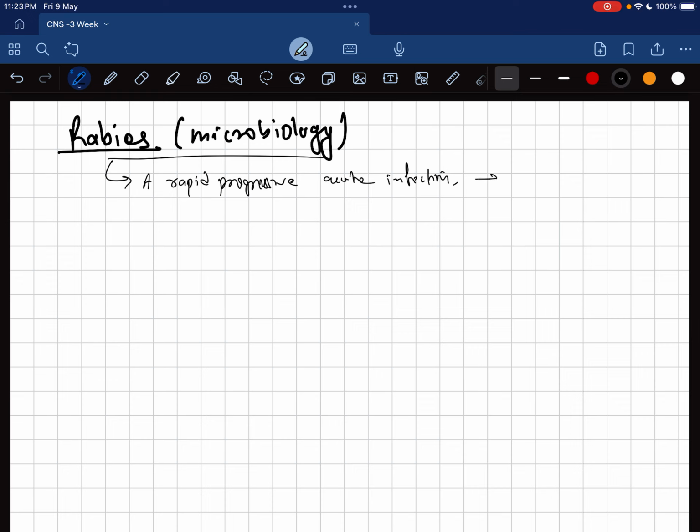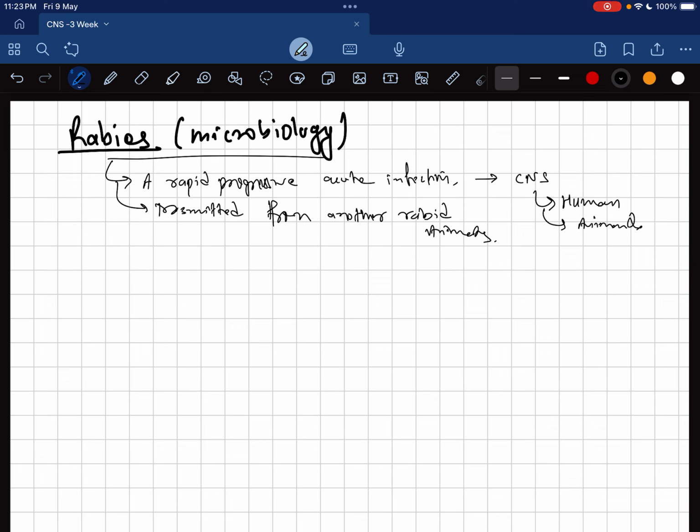and it is a disease of the CNS, mainly in humans and animals, and it is transmitted from one to another through rabid animals.